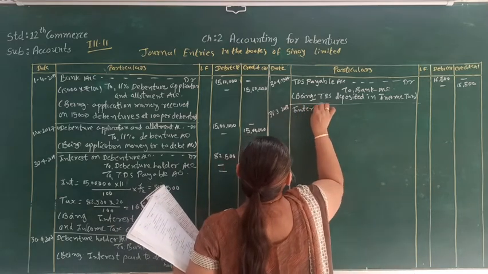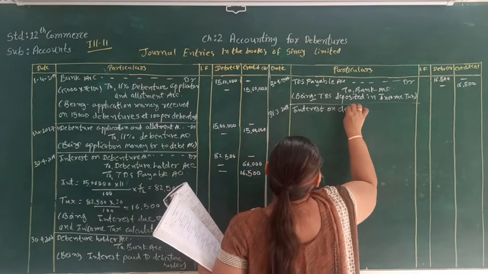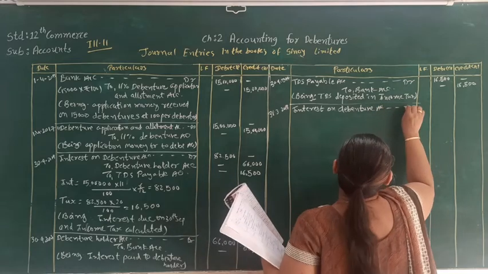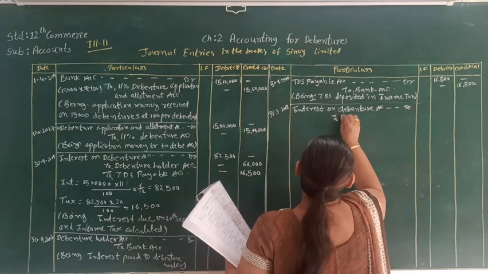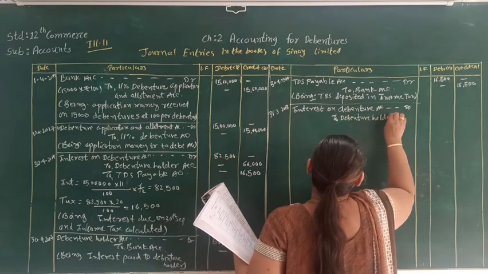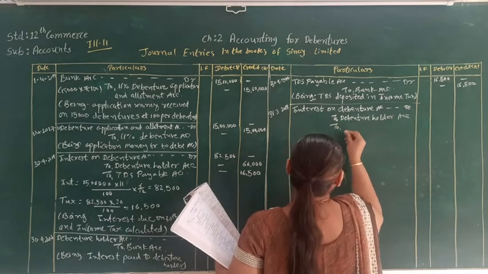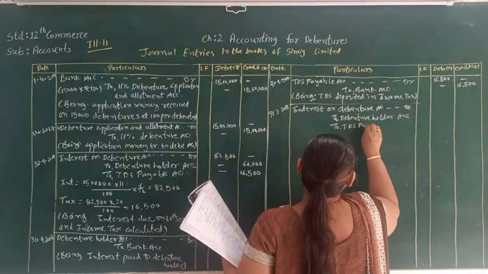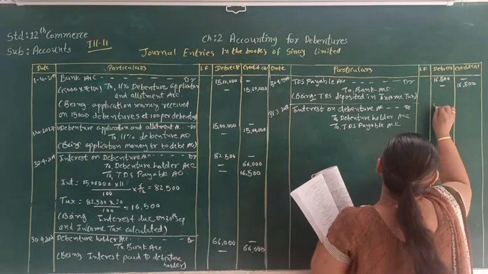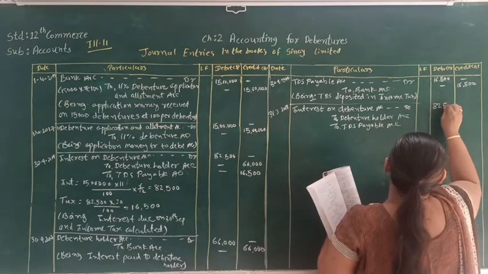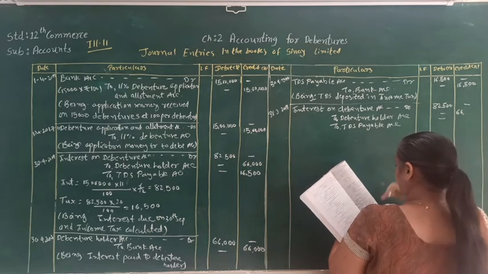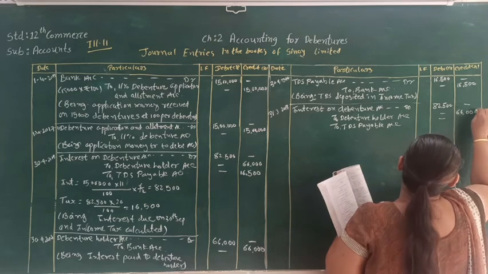Interest on debenture account debit to debenture holder account and to TDS payable account. The interest and tax amounts will be the same: 66,000 and 16,500.